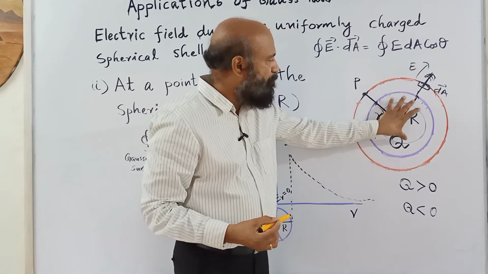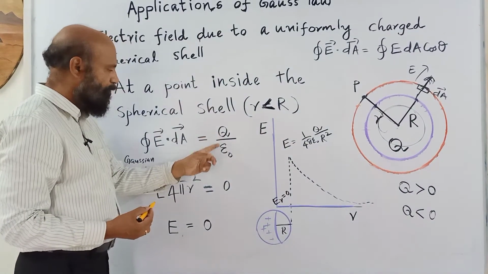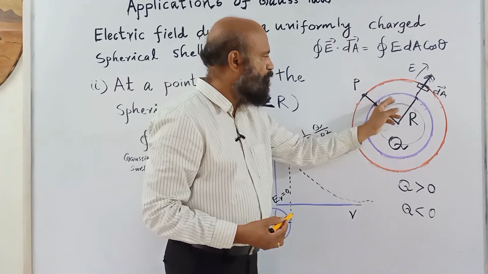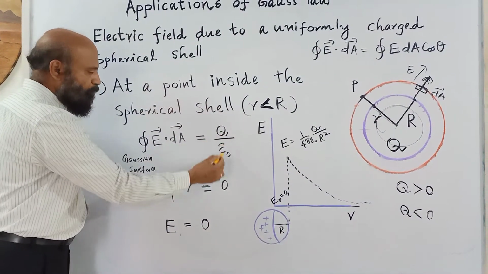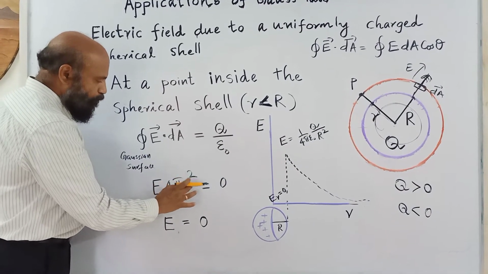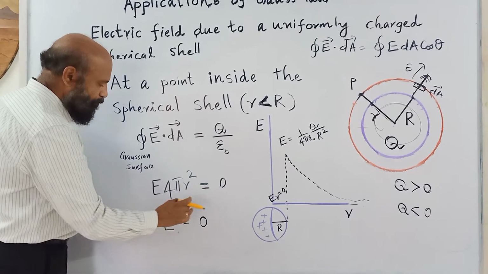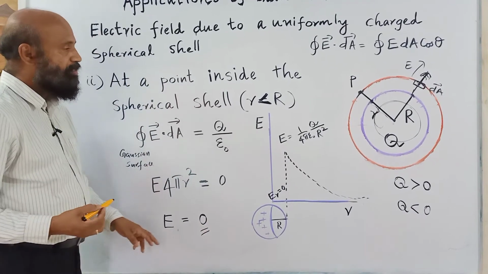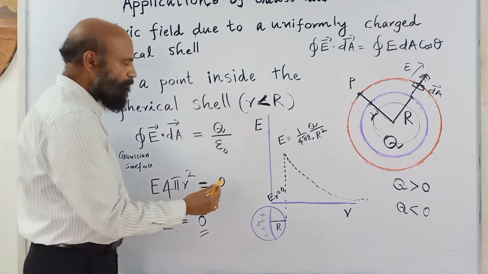The charge enclosed by this Gaussian surface is 0, because the charge is outside the Gaussian surface. So for this Q we write 0. Now 0 divided by 4 pi r square is 0. So intensity inside the spherical shell is 0.